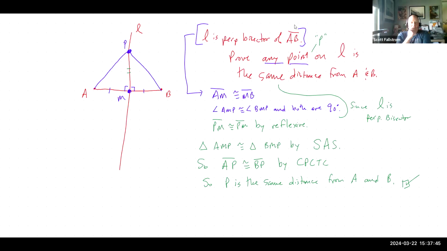Okay. So now let's go the other direction. Add a page, please. Okay. So now here we go. We're going to go the other direction. What would that look like? Well, it would say, once again, I have the segment AB.